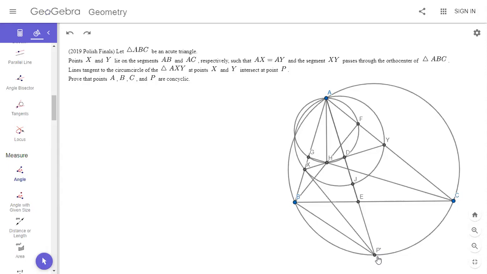Yeah, so P prime B squared is equal to P prime E times P prime A. I feel like we're so close here. There's just one step missing.